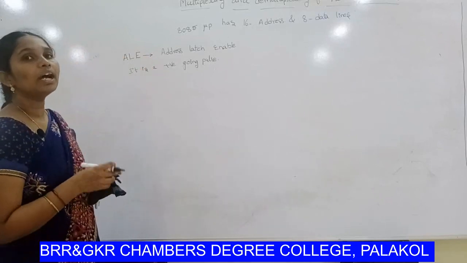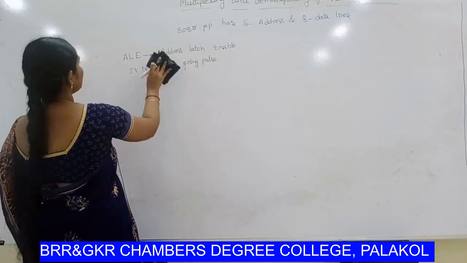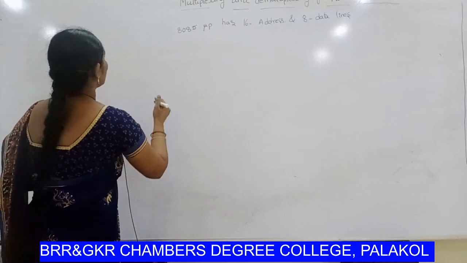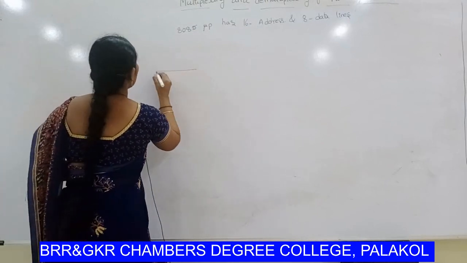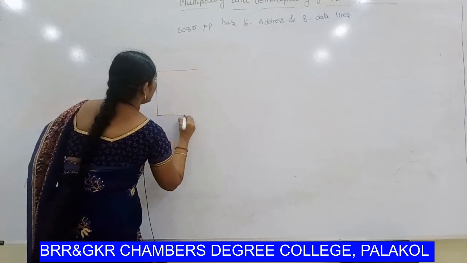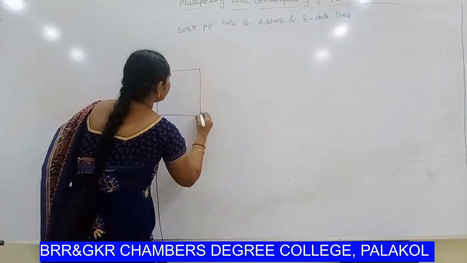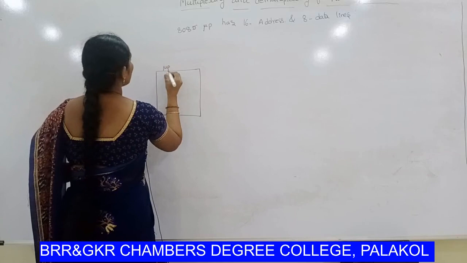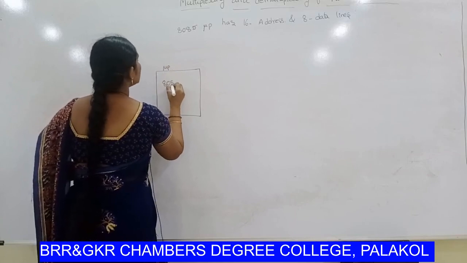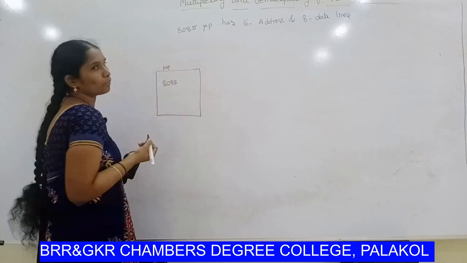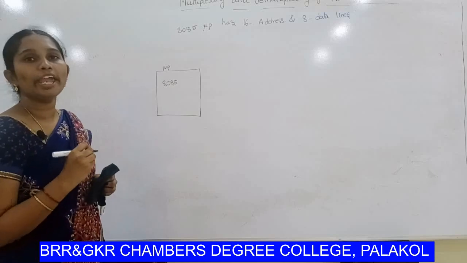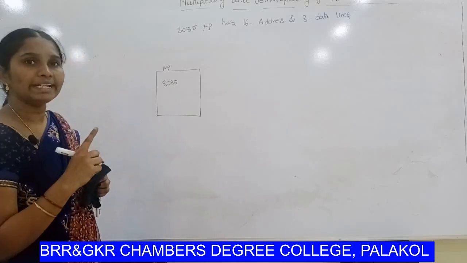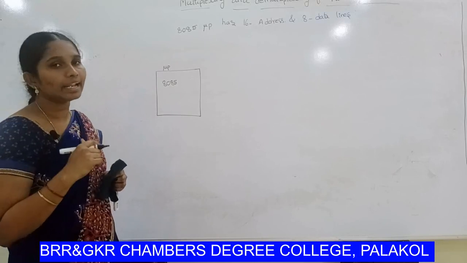Now coming to the diagram of demultiplexing. So here this is an 8085 microprocessor. The 8085 microprocessor has address lines as well as data lines.